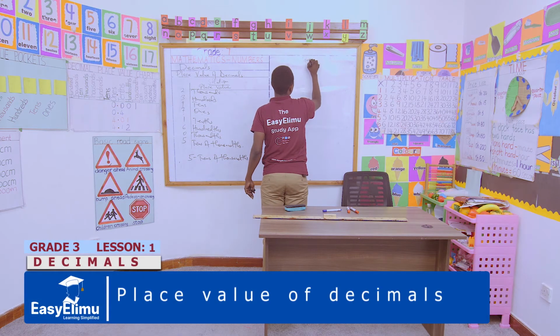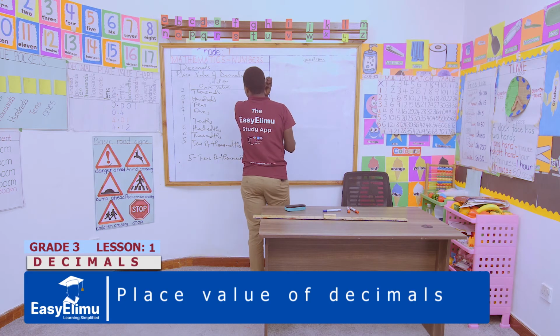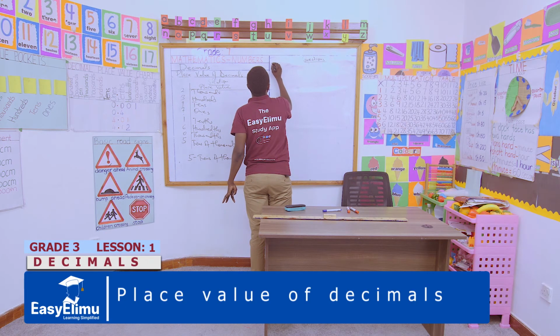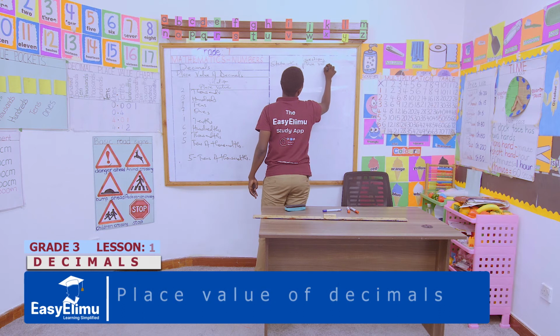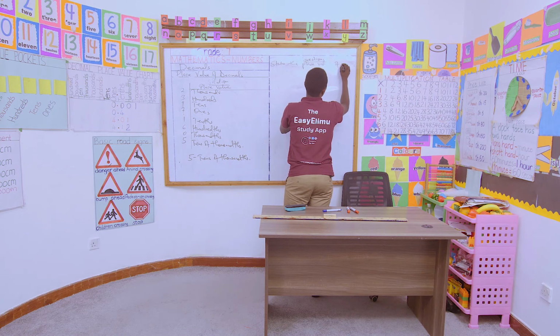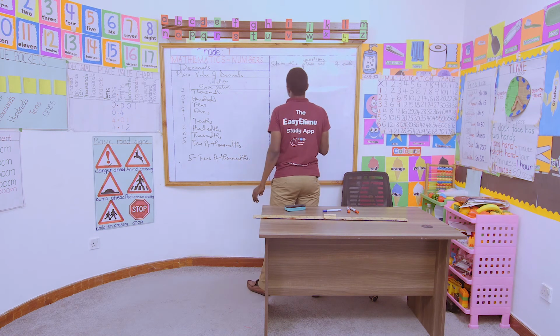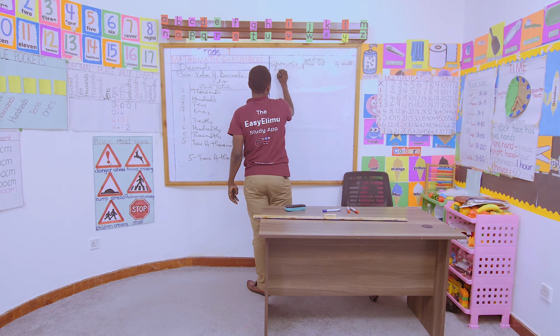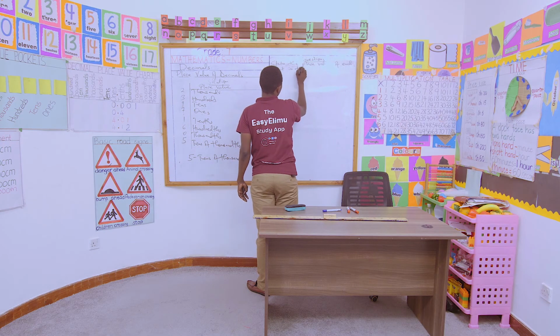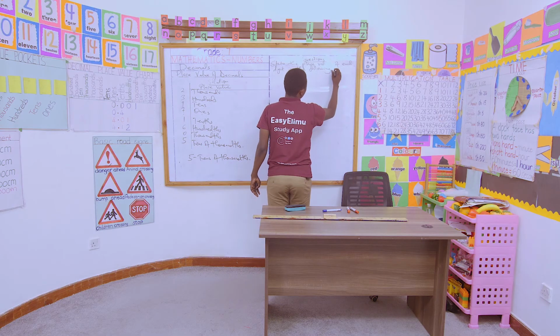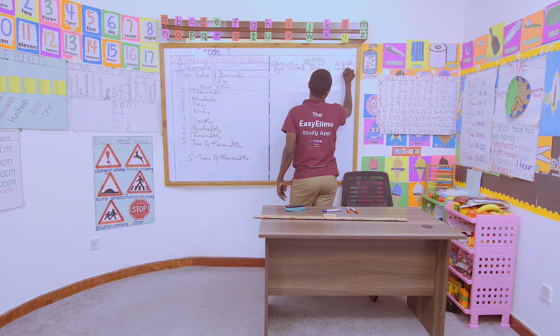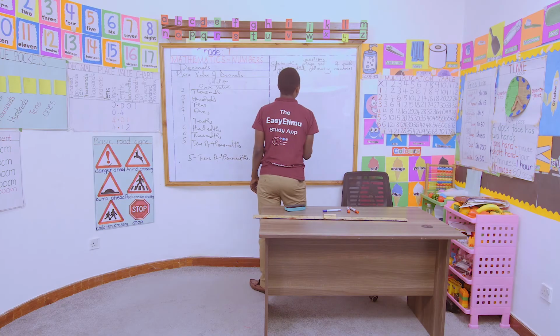Some questions for follow-up. State the place value of each digit in the following numbers.